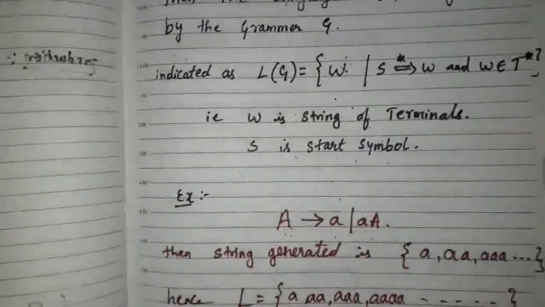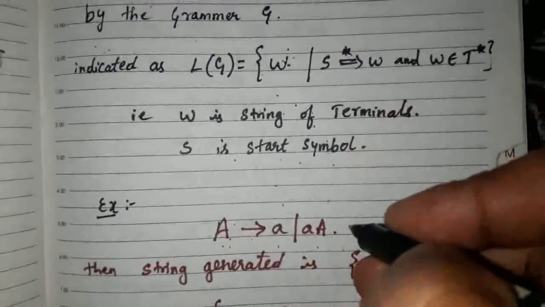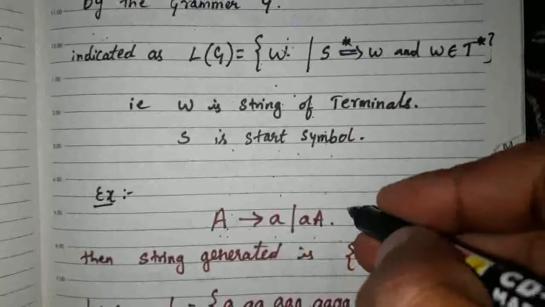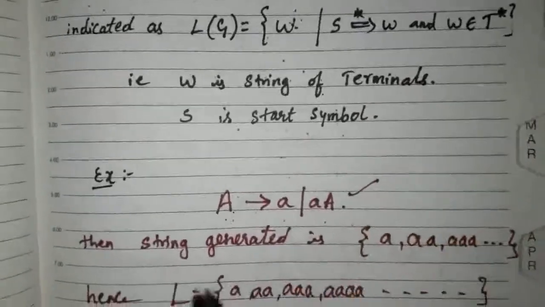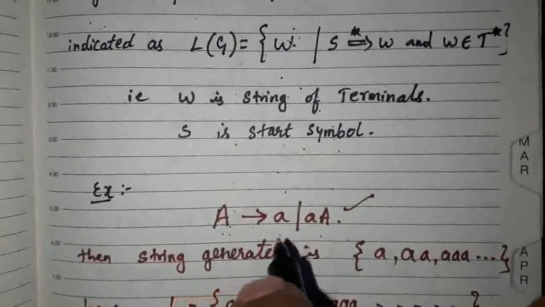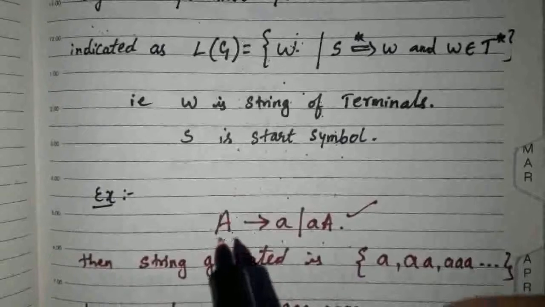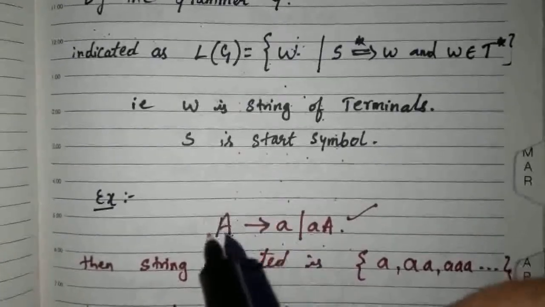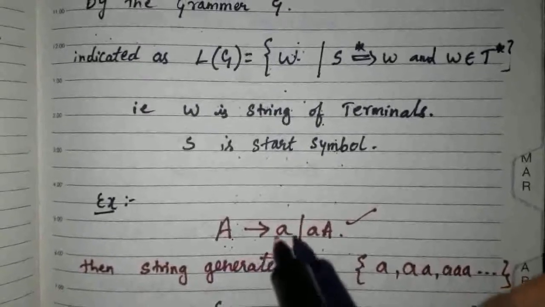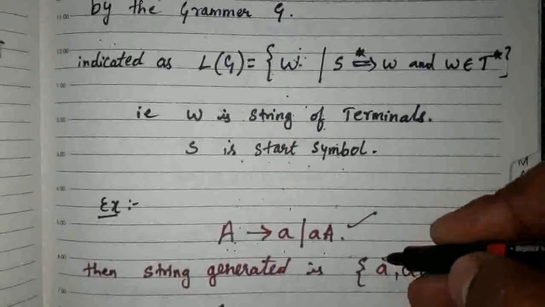So now let us see an example. Here what I have written, A tends to a | AA, is a grammar that we have taken. Let us see what we can generate by this grammar. See here, A tends to a. So for the value of A, I can take small a, that is your first string.